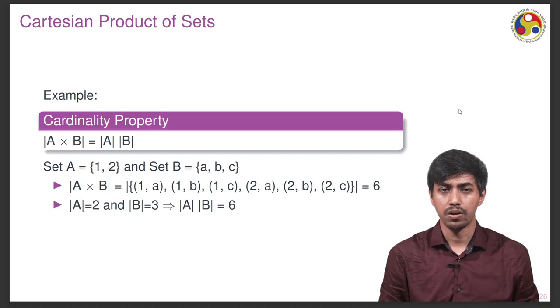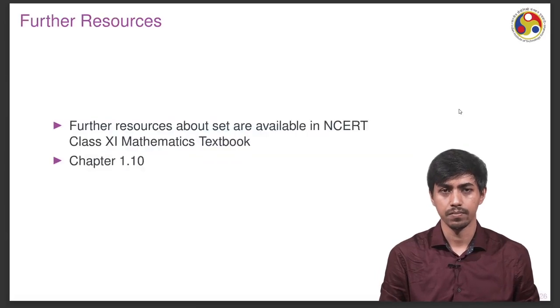The number of elements, the cardinality of set A, is equal to 2, and the number of elements in set B, that means the cardinality of B, is equal to 3, and therefore the product of the number of elements in A and the number of elements in B will be equal to 6. So you can clearly see that in this case the cardinality property is satisfied. That means the number of elements in the Cartesian product of A and B is equal to the product of the number of elements in A and the number of elements in B.